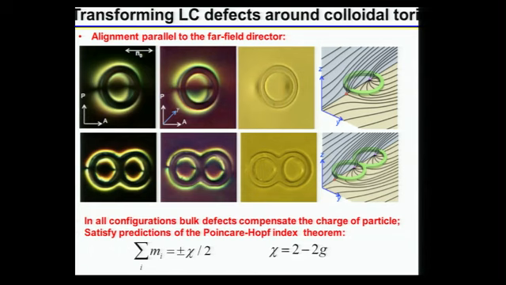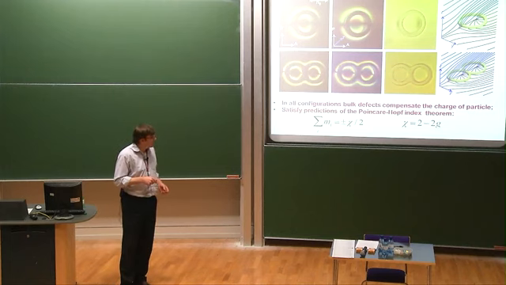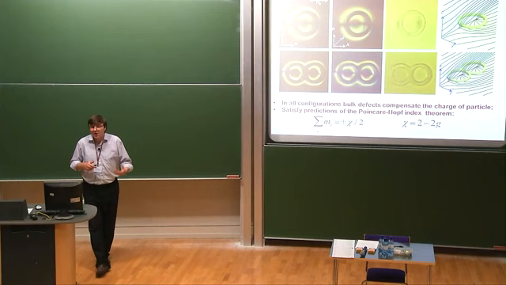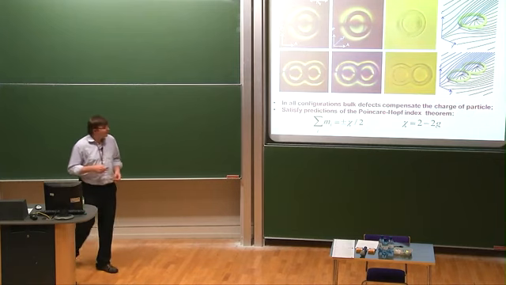So what we find is that the total charge, if you add all the pluses and minuses of defects that you induce in the texture, is equal to chi over 2, where chi is the Euler characteristic and can be calculated using this simple expression, where G is the genus of the colloidal particle, right?